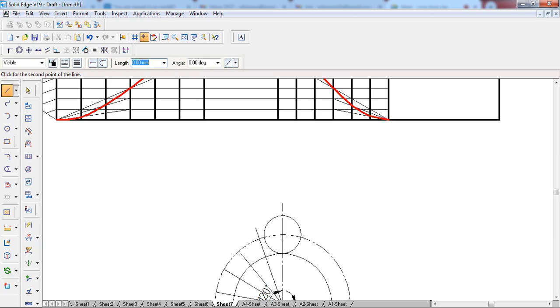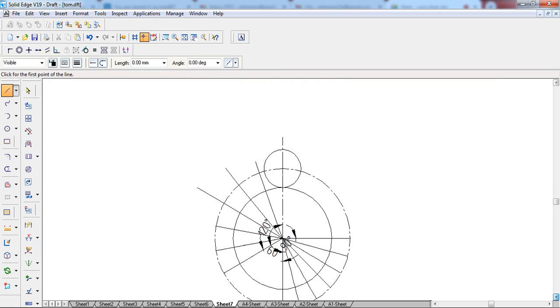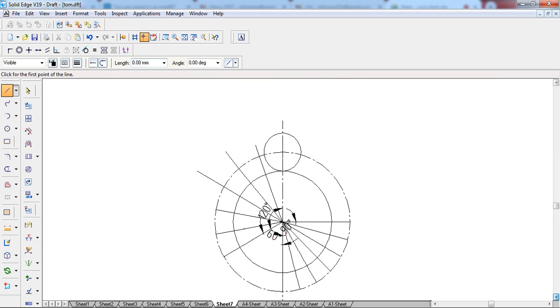Extend this line, then same way I will extend this line also. You take the exact distances.